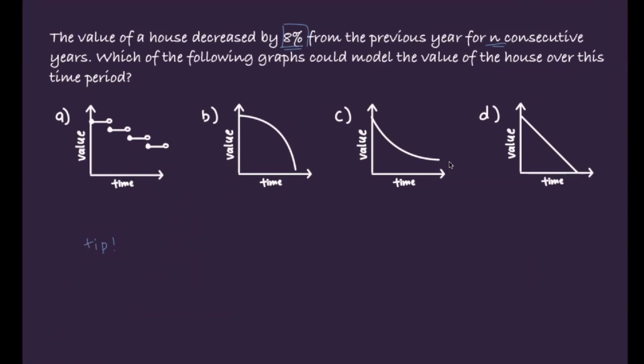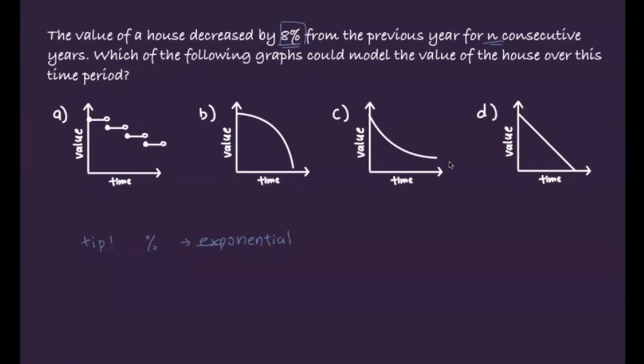If they give you a percentage, then they're talking about exponential, because it takes the percent of the previous value and adds on it. So every time you add something, it's a different value. So this is exponential.